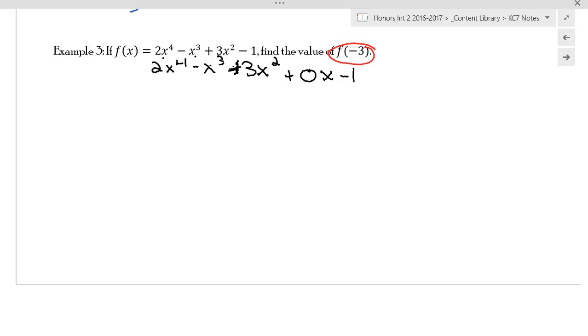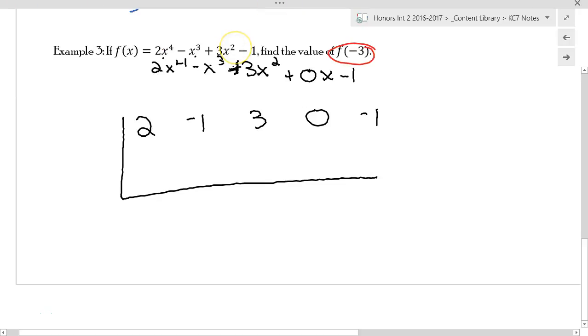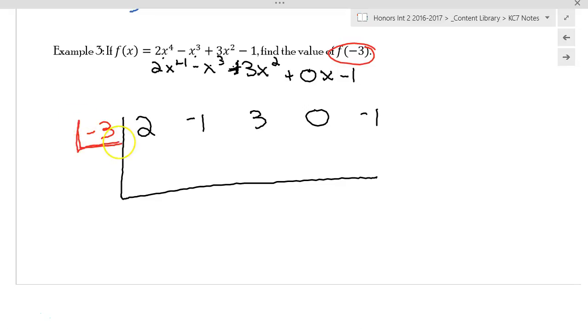So then I have my numbers 2, negative 1, 3, 0, negative 1. And then on the side just goes whatever I'm trying to find the value of. F of negative 3. I don't have to change the sign for these ones. Okay? This gives me the solution. It's giving me that I want x equals negative 3. It's not giving me like x minus 3. So don't change your value for this one.